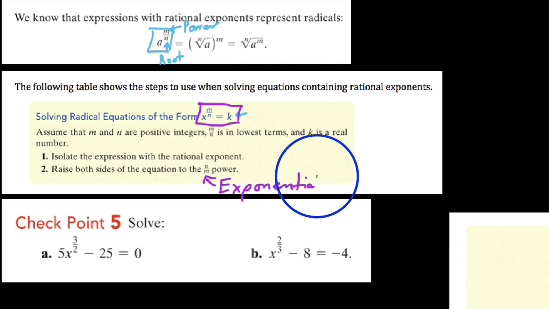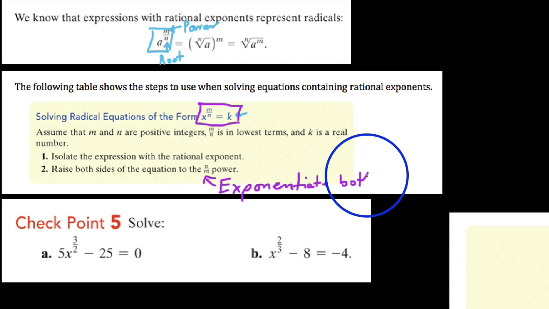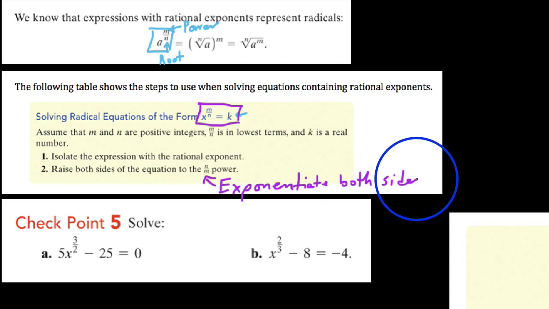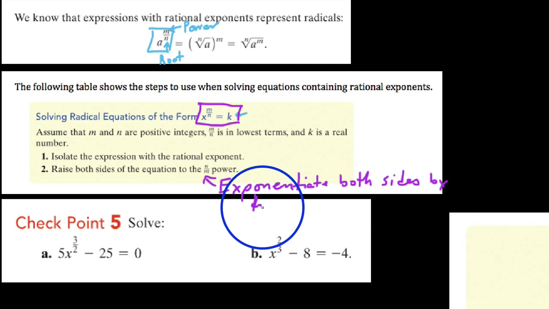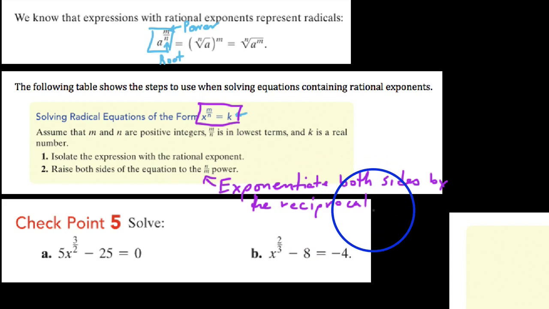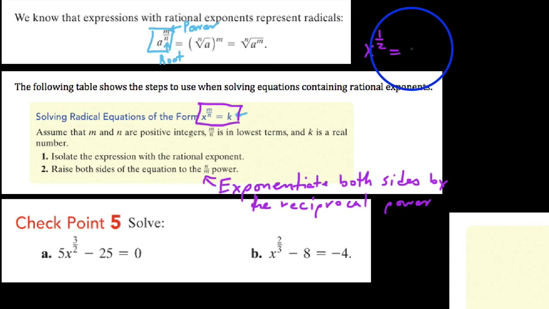Exponentiate both sides by the reciprocal power. And the reason why we're going to do this is because when you raise both sides to a power, say for instance we have x to the 1 over 2 is equal to 2.